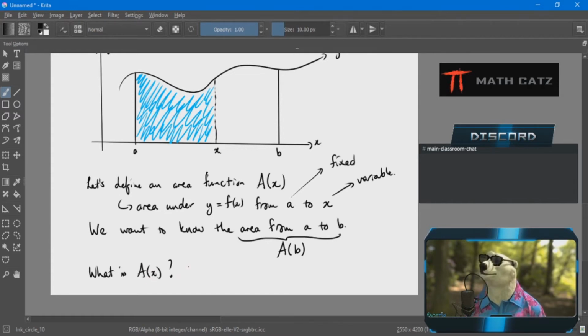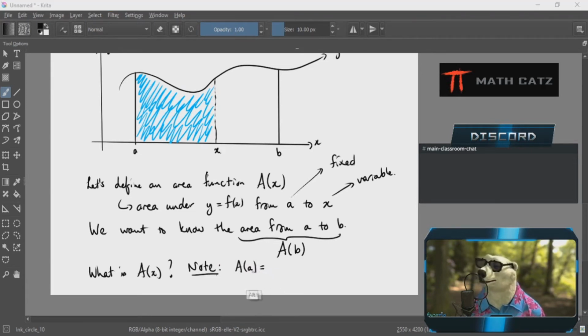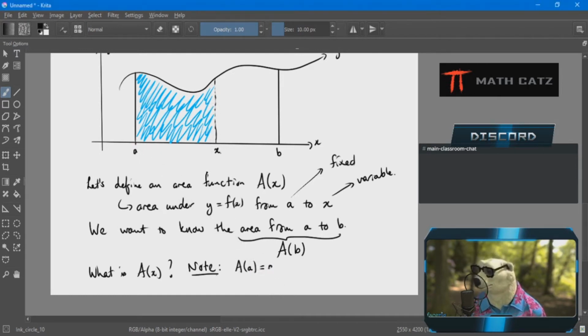Well, first, two things I can certainly note, and that is that if I plug in little a, then my left boundary and my right boundary sit right on top of each other, and I get no area whatsoever. So we separate our line there.